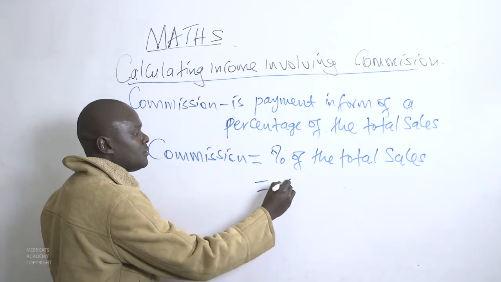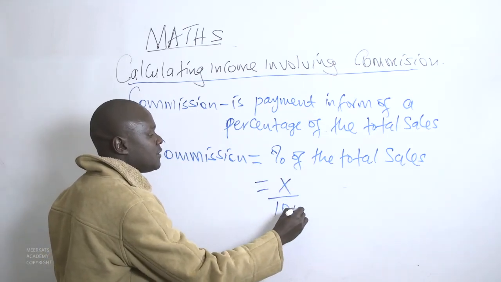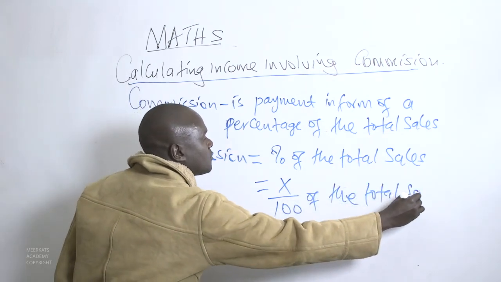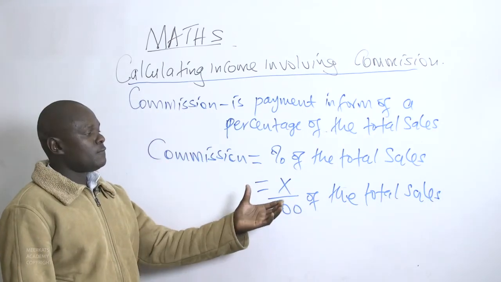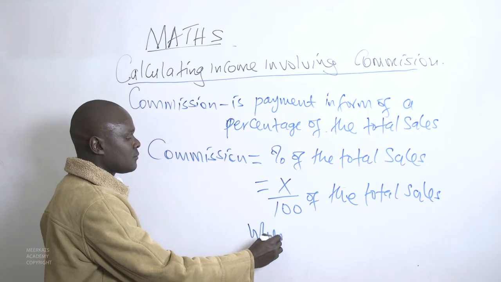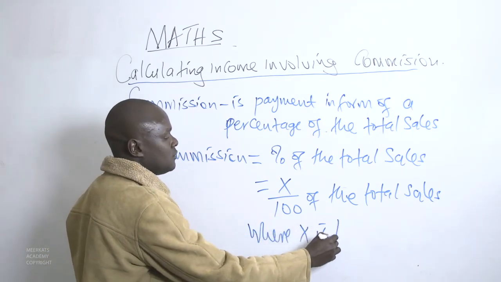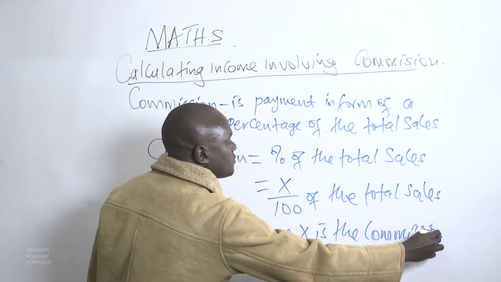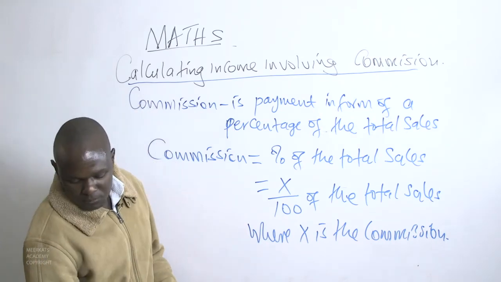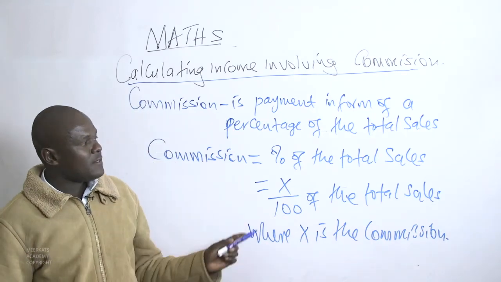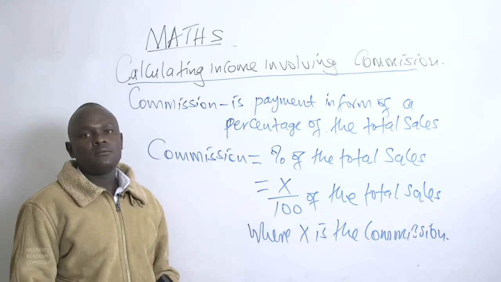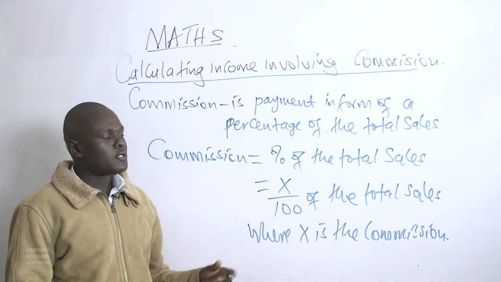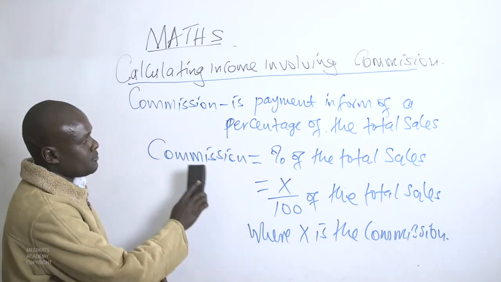So this basically will be X out of 100 of the total sales, where X is the commission. So having defined this term commission, I would want us now to move on and look at examples so that we can internalize this particular concept.